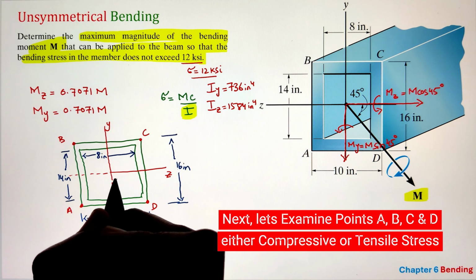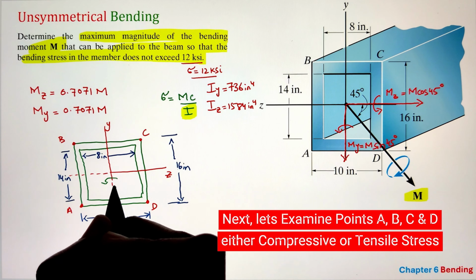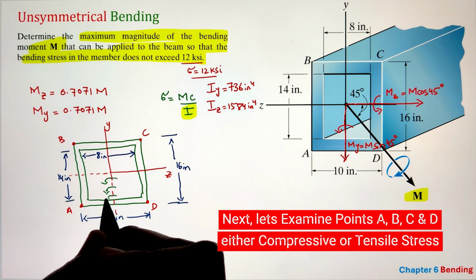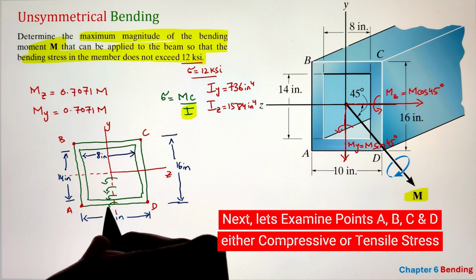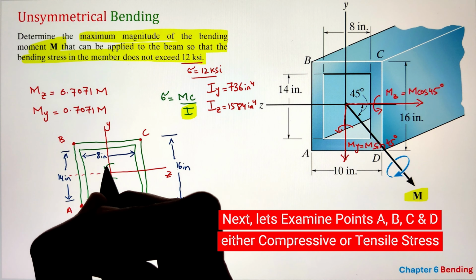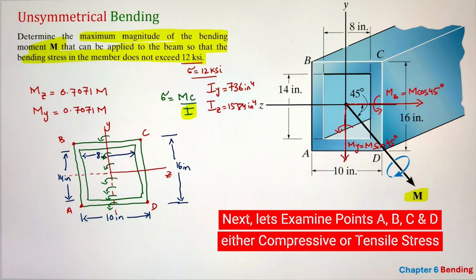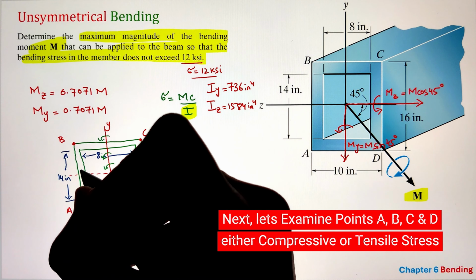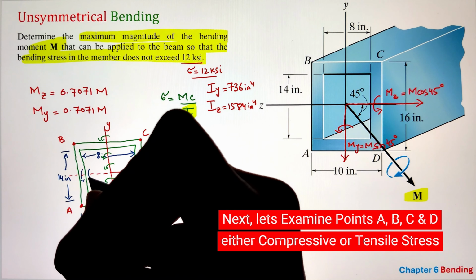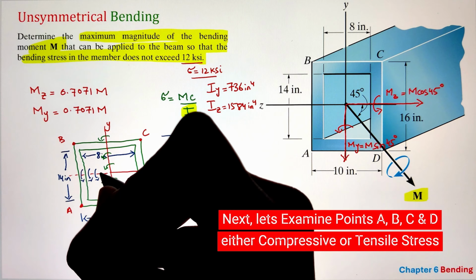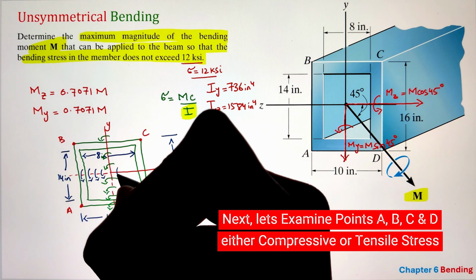So starting with My, since it is in the counterclockwise direction along the y-axis, in the quadrant where point D is, the stress value will be in tension, whereas where point A is, it will be in compression as it is pushing down towards that specific section.